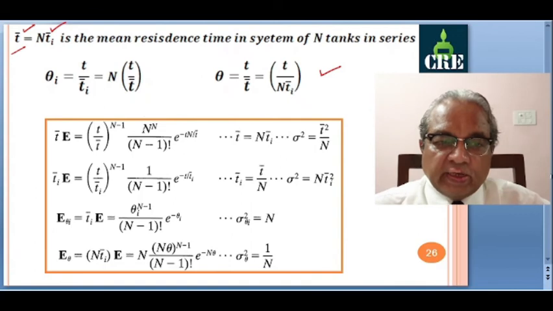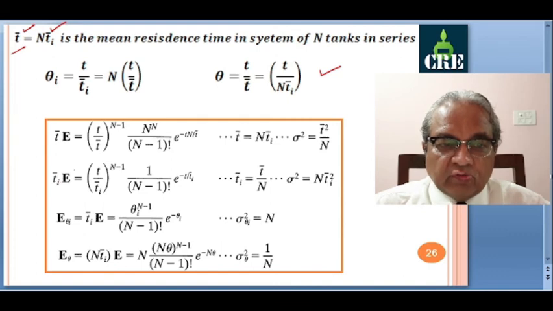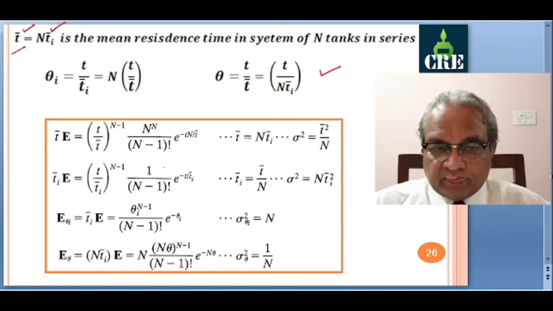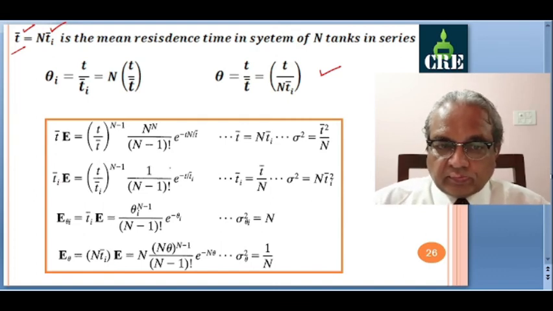This is n raised to n for n tanks. This is for individual. So 1. Then this e raised to minus t by Ti bar. This is for single tank. For n tanks, this is minus t into n by Ti bar.